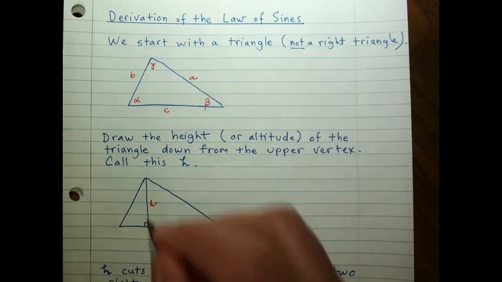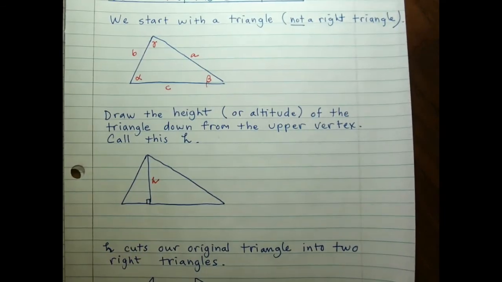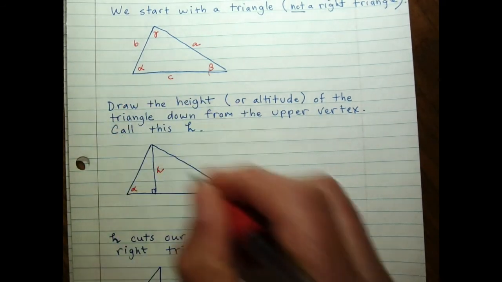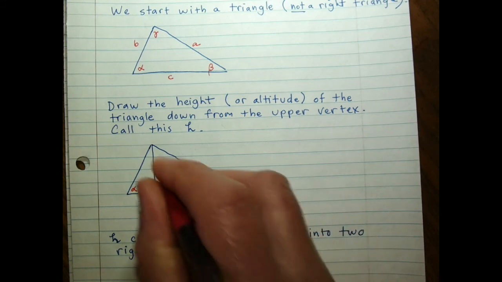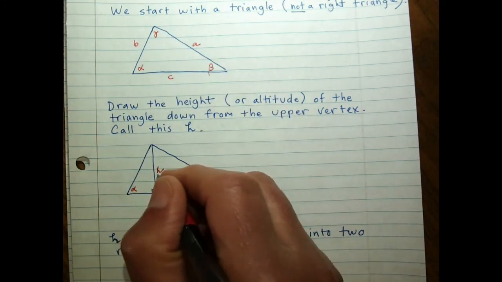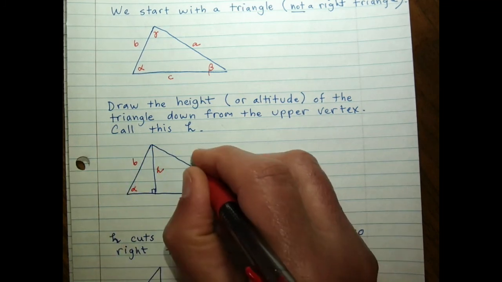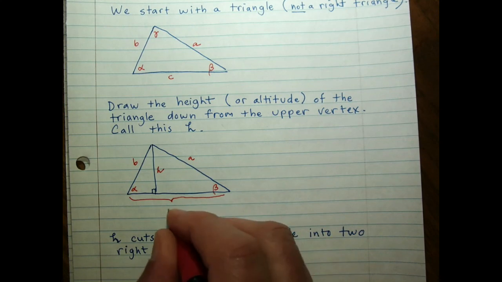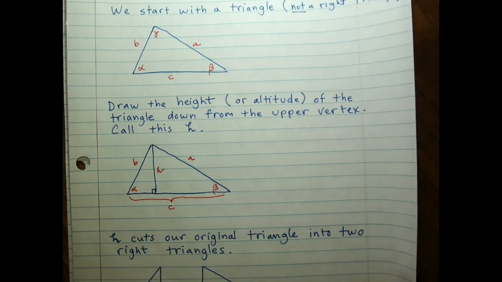So in my picture now, I've added this h, and I'm going to add some of the other things we had from before. There's alpha, there's beta. I'm not going to label gamma since it's been cut into pieces by this height h. I'm going to put a b here, a here, and the whole base of this thing was our side c.